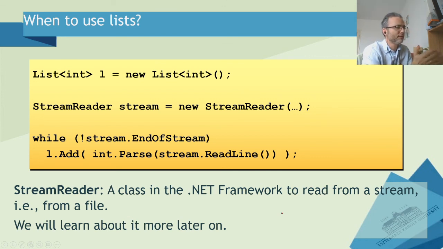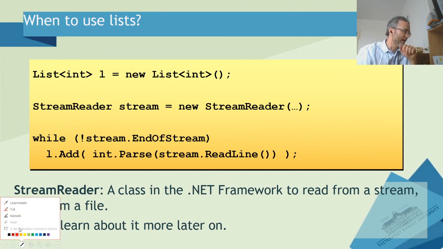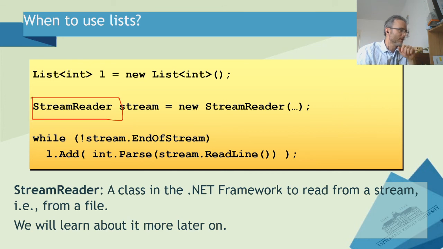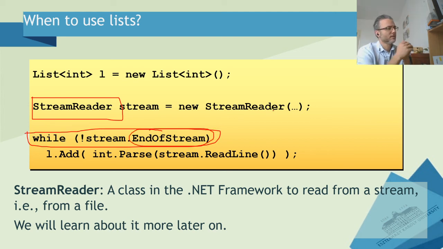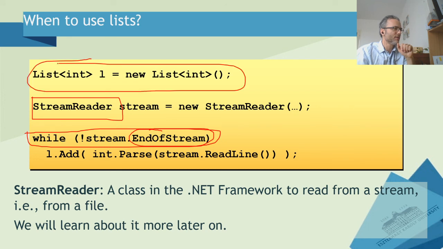If you have to work with streams in C#, there is a very handy class called StreamReader, and this is how you can read data from the stream until the stream ends. As you can see now, I'm using a list because, again, you cannot tell in advance how many integers you are going to read from the stream.